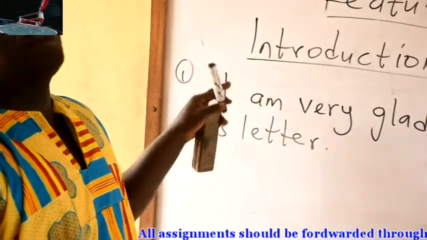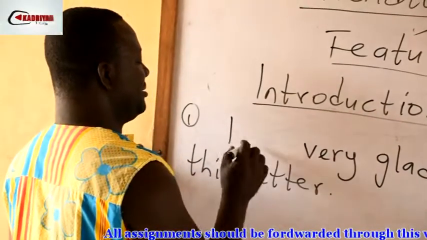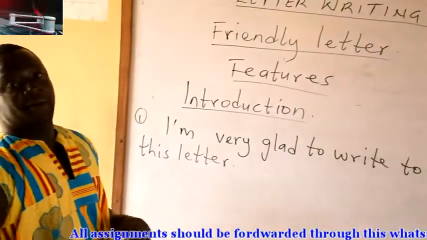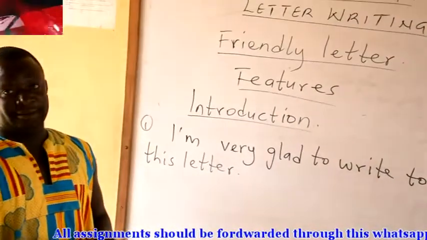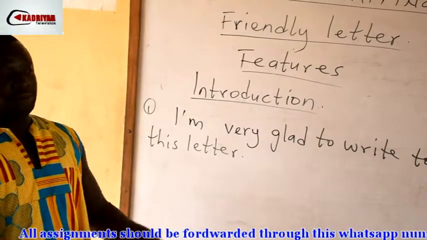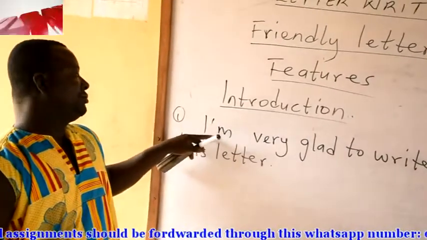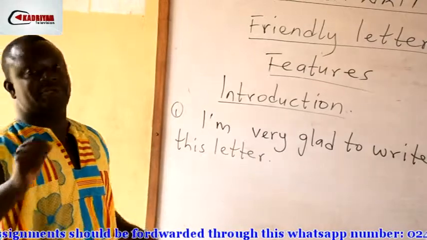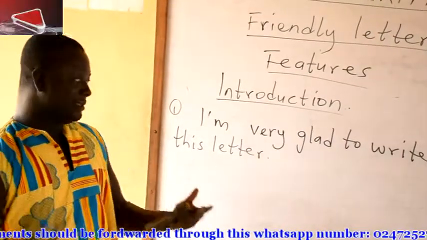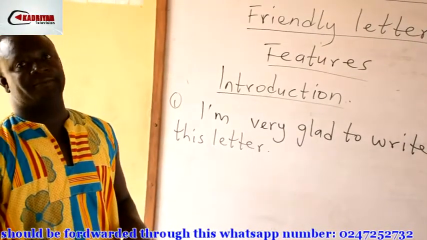Now, because it is a friendly letter, you can write it in short form, I'm very glad. That is a way of writing a friendly letter, because the person is your friend, just a friend. If it is an official letter, you don't have to do it like that. Write it in full. That is the difference between some of the words. You can write it in the friendly letter, you can't write it in the official letter.